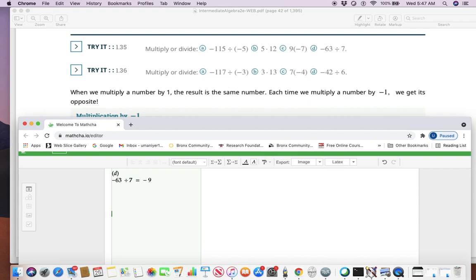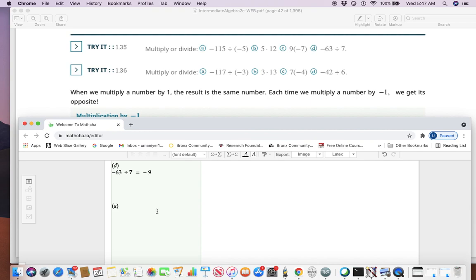Another set of problems. A. Negative 117 divided by negative 3. Well, negative divided by negative is a positive. 117 divided by 3.